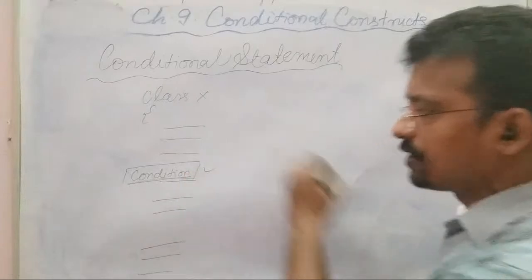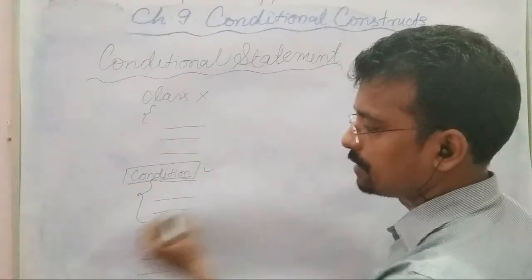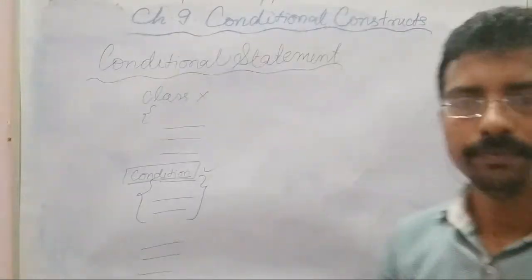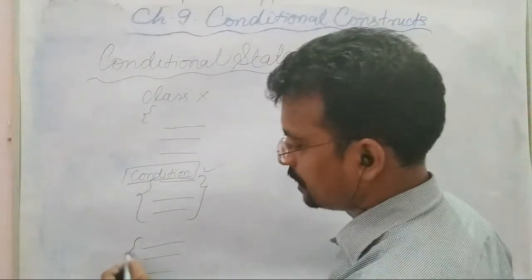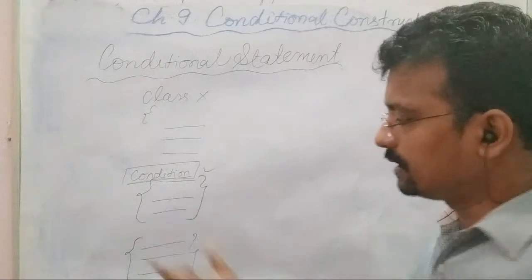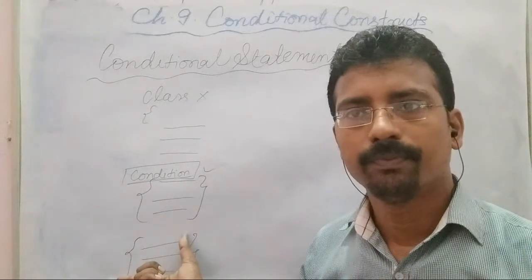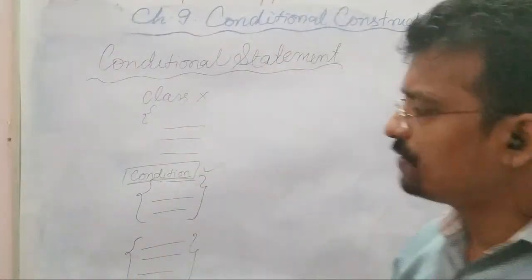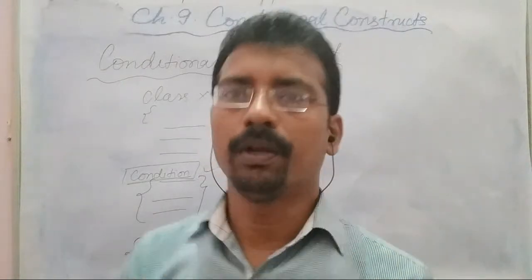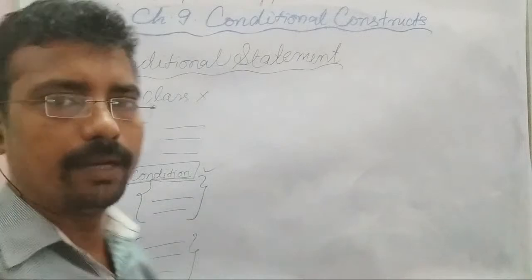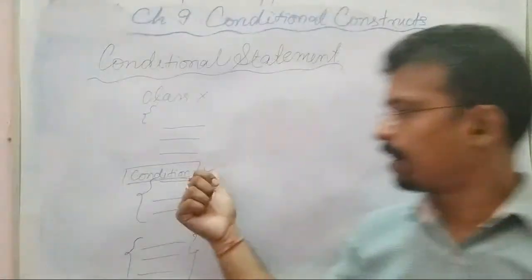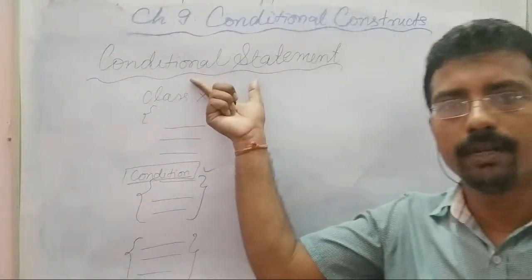If this condition gets true, these statements will execute. If not, then these statements will execute. Such kind of management in the program is called the use of conditional statements, or such statements are called conditional statements.